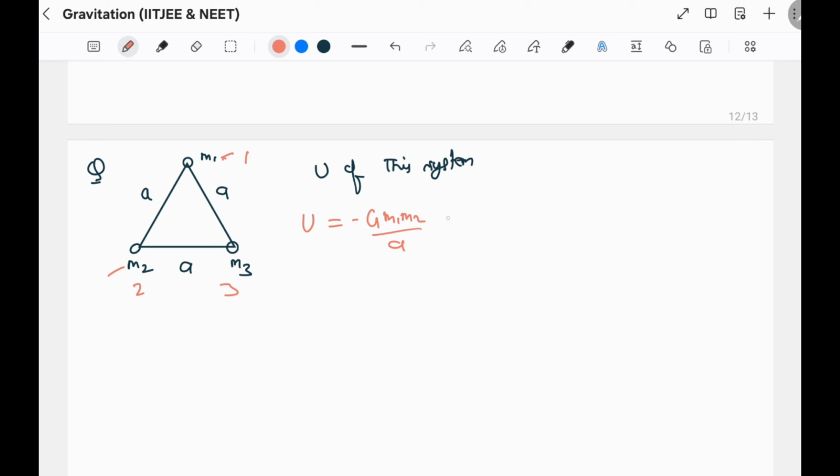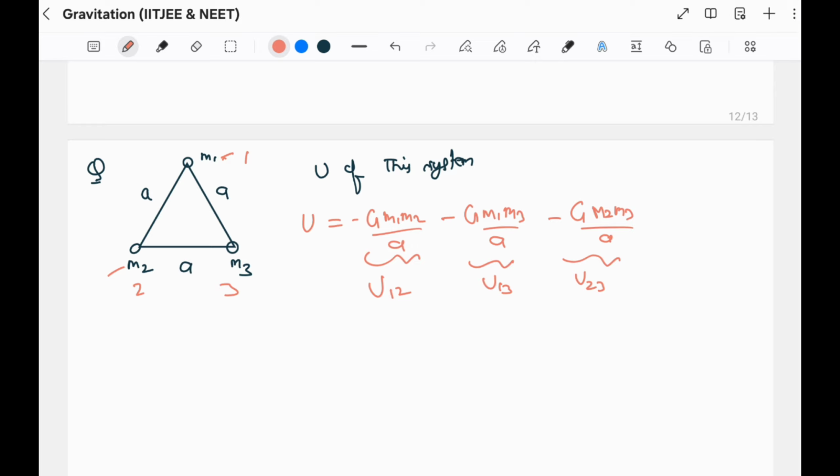Potential energy between 1 and 3 will be minus G m1 m3 by a. Potential energy between 2 and 3 will be minus G m2 m3 by a. So this is U between 1 and 2, this is U between 1 and 3, this is U between 2 and 3. So you have to add them all.